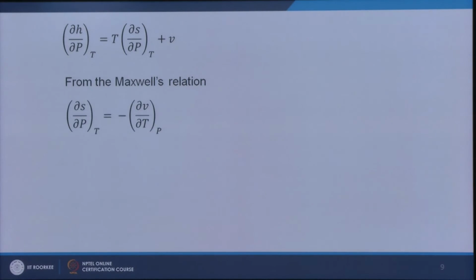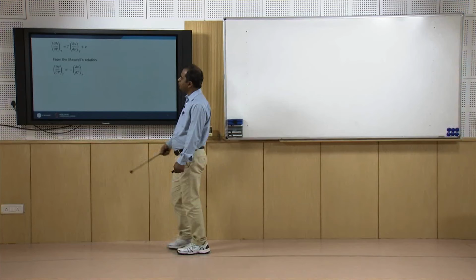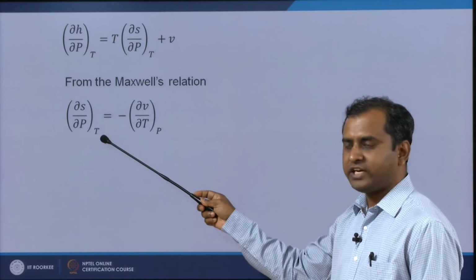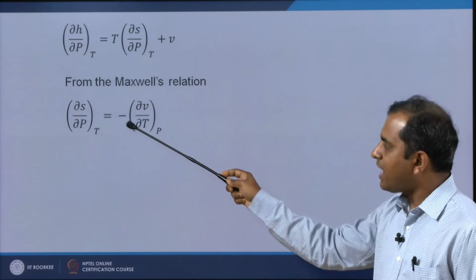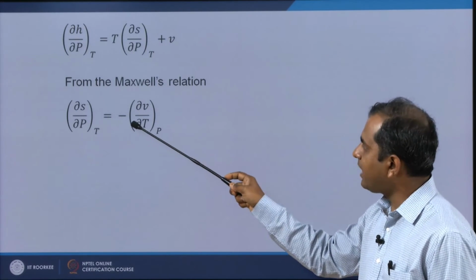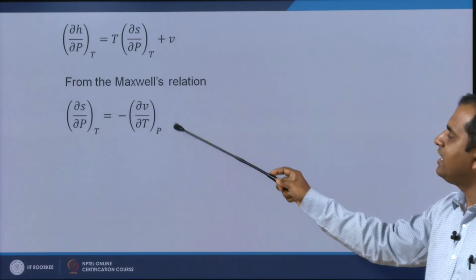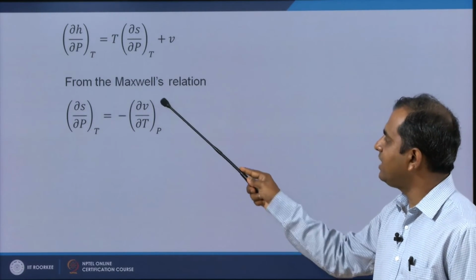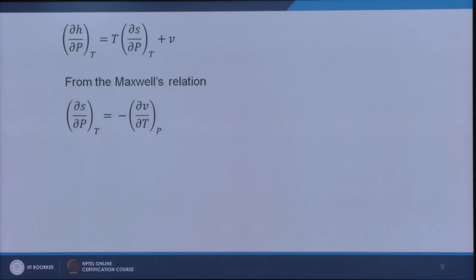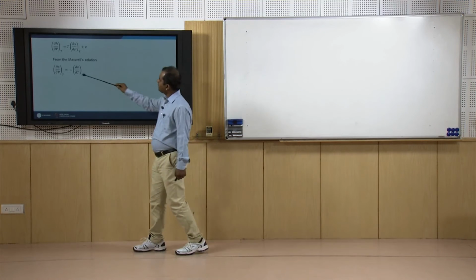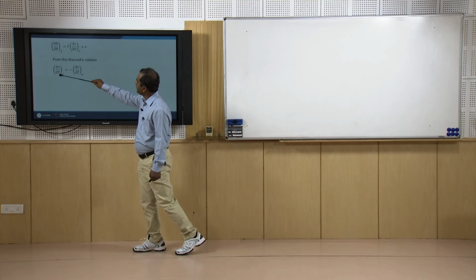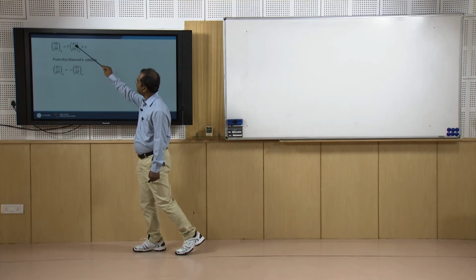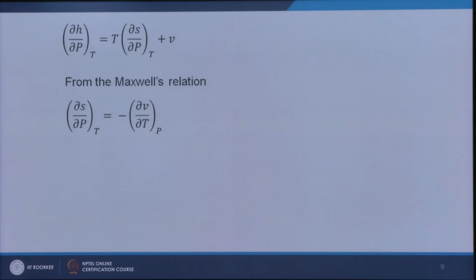If we do so, one famous Maxwell relationship we will be using is del S/del P at constant temperature is equivalent to minus, very important, minus del V/del T at constant P, right. So, here you see if I can substitute this term over here, this term will be coming over here with multiplication of T.